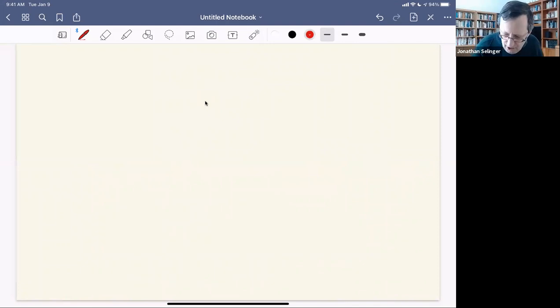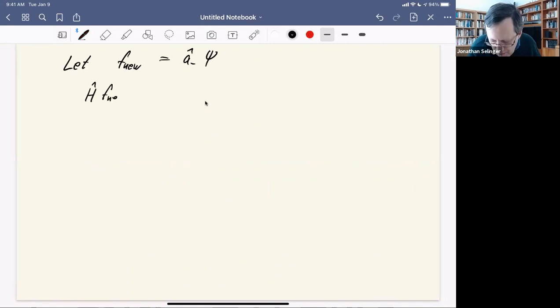Okay, so let's now let F nu equal A minus acting on our solution psi. We want to know if this is a solution of the time-independent Schrodinger equation. So we'll let the Hamiltonian act on this F nu.